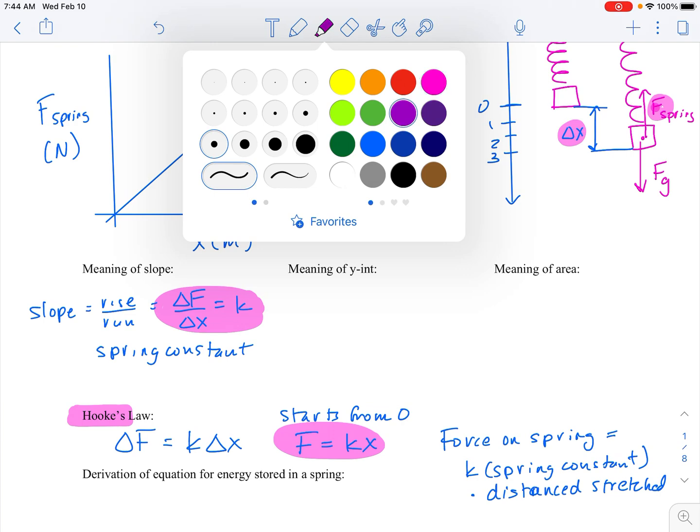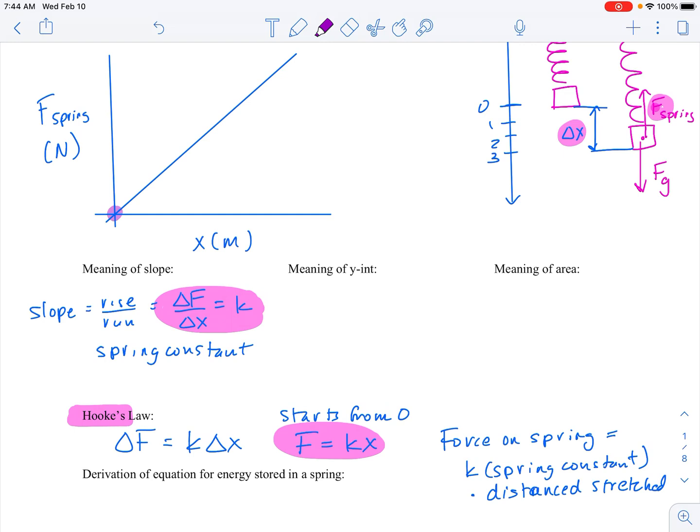Let's talk about the y-intercept. In this example, the y-intercept is 0. And that means that if I apply no force, I get no stretch.